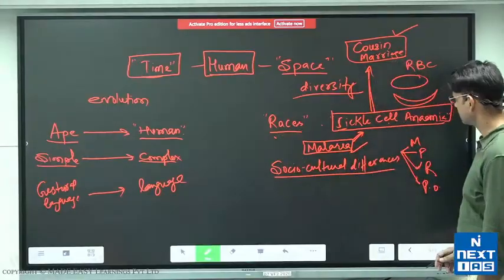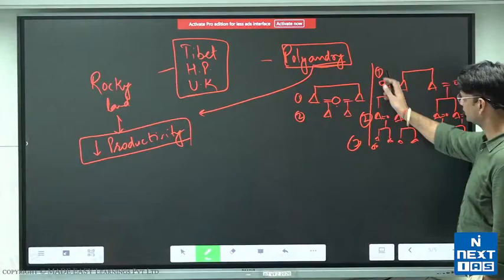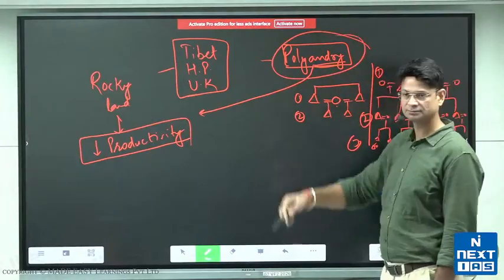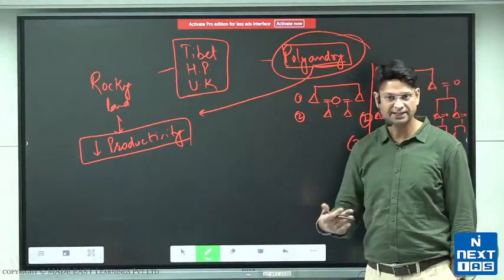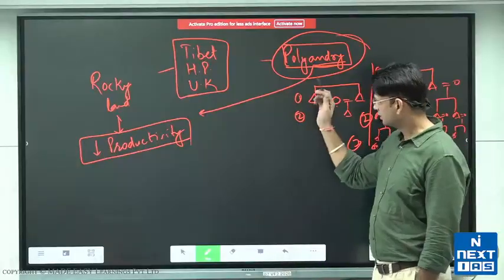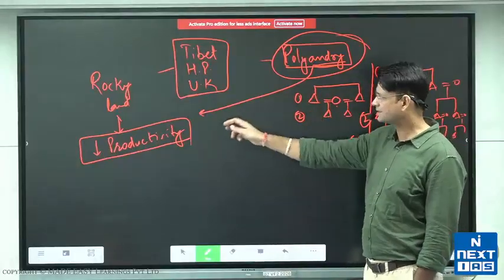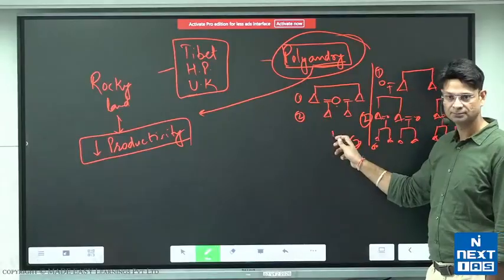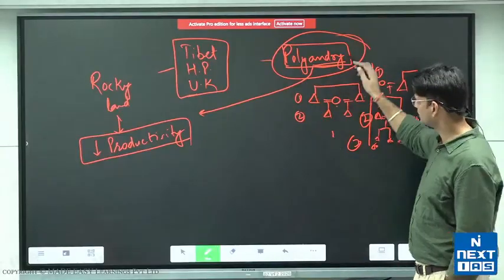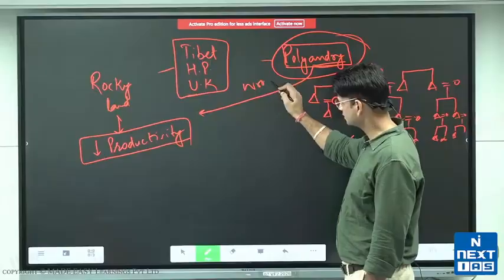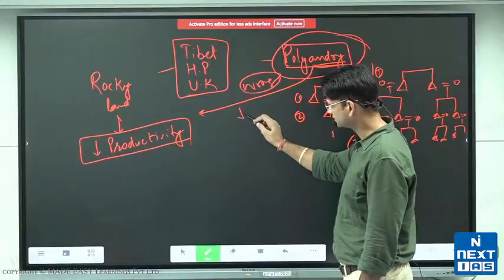Now suppose you and I start judging it, saying this polyandry is wrong. The moment I say it's wrong, can I understand their logic? The moment I say it's wrong, that means judgment starts.